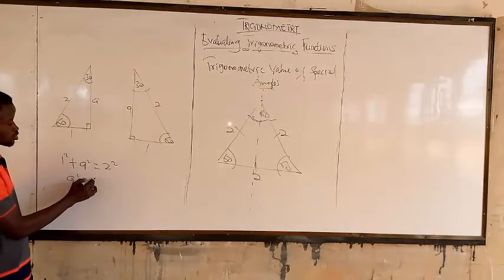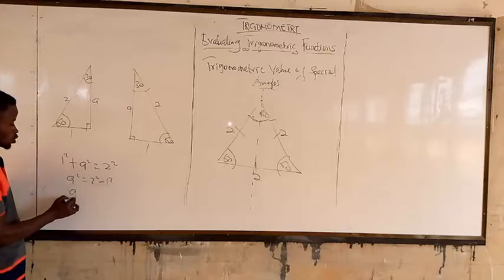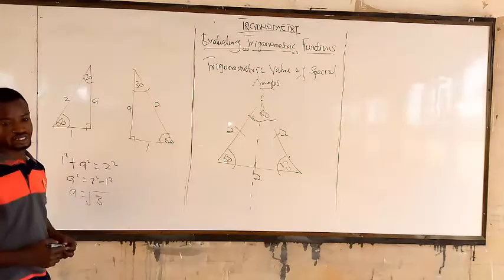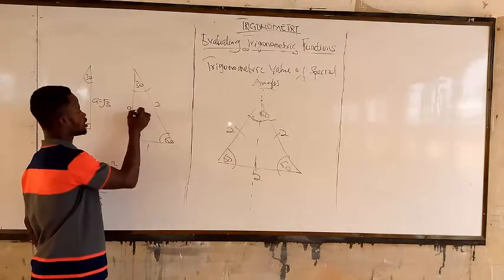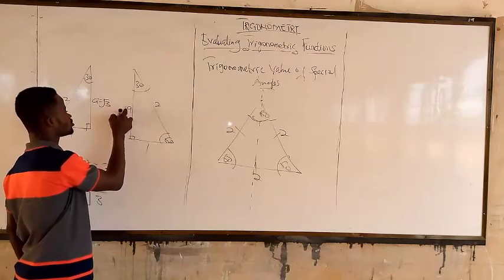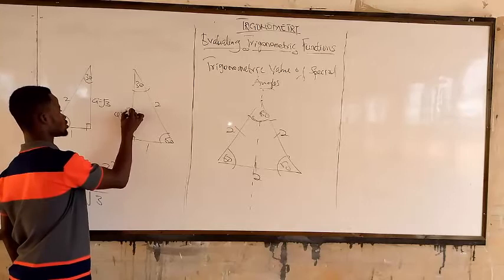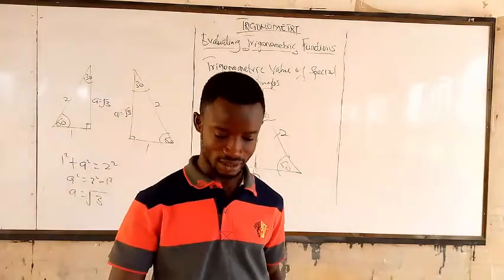So A squared is equal to 2 squared minus 1 squared, so A is equal to the square root of 3. Here the same thing: A is equal to the square root of 3.